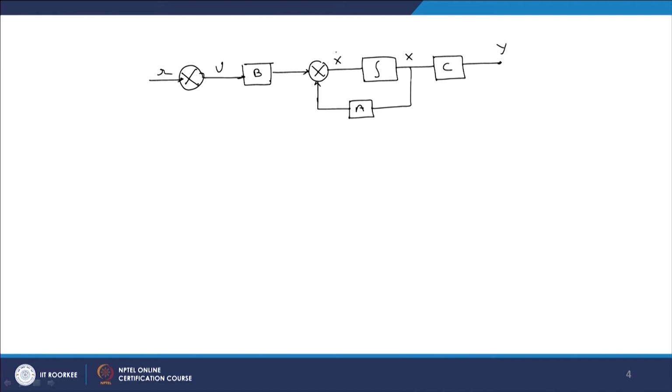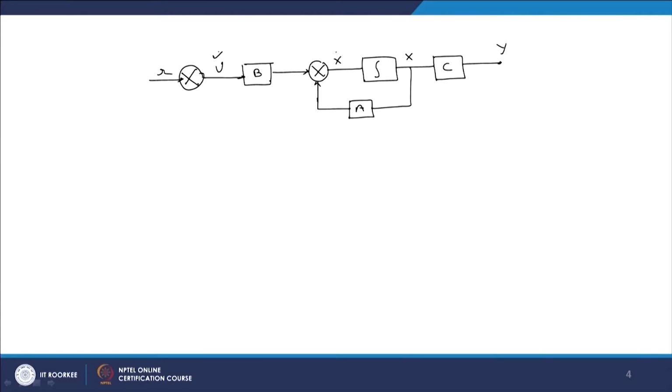Now here this state x has to be estimated, but we can't know x. But what information do we have? We have input u, which we know, and output y is also known. That means whatever estimator or device estimates the state, it depends upon this input u and output y.